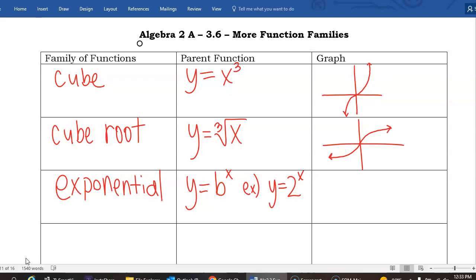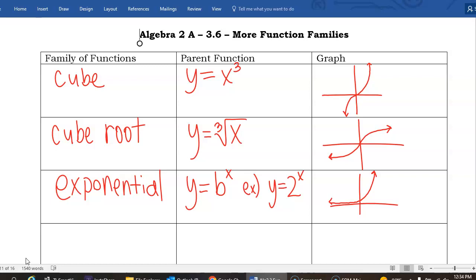So different than a power function, because a power function, a quadratic, has the 2 as the power, whereas an exponential function has the exponent as the variable, okay? On our graph here, it's going to approach the x-axis for our negative values, but increase for our positive input values.